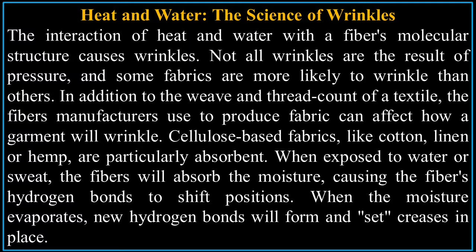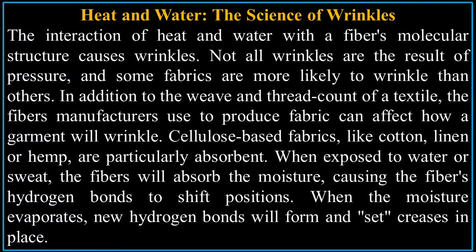Heat and water, the science of wrinkles. The interaction of heat and water with a fiber's molecular structure causes wrinkles. Not all wrinkles are the result of pressure, and some fabrics are more likely to wrinkle than others.